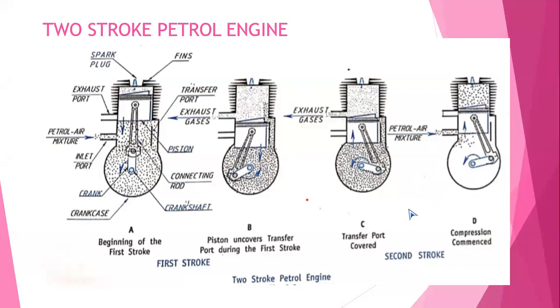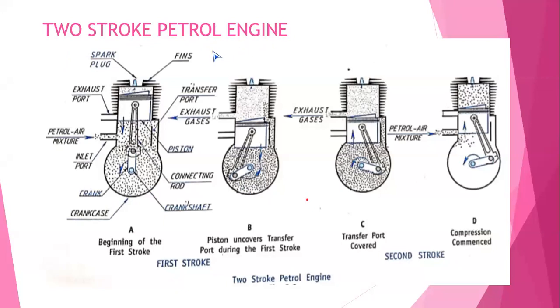Crank is directly coupled to the gearbox, and the gearbox is coupled to the wheel with chain or belt drive. Due to that the vehicle moves forward. So this is the principle of operation of the two-stroke petrol engine, explained briefly with neat sketches.